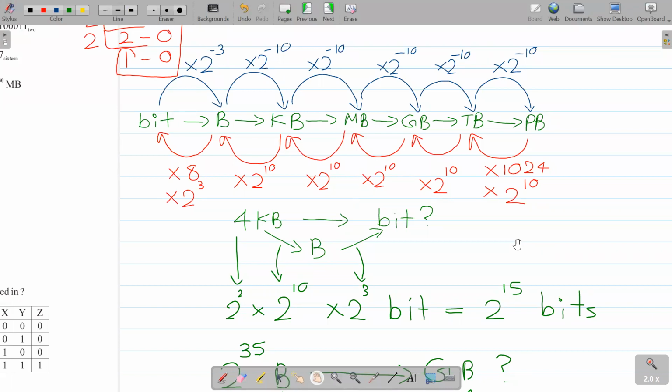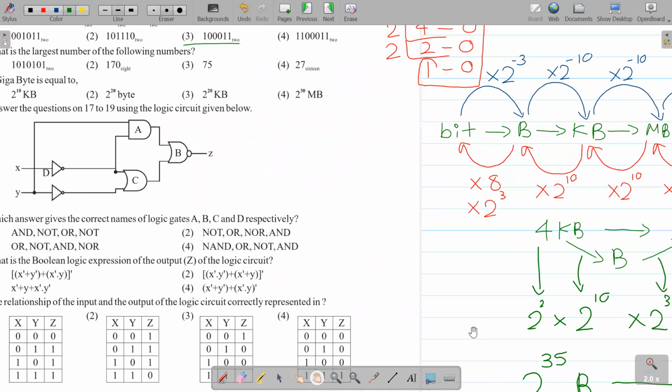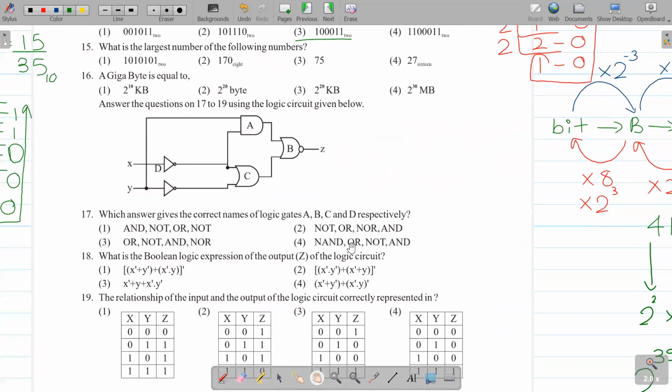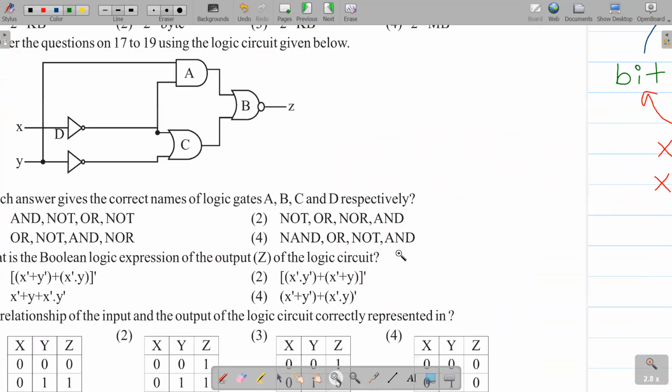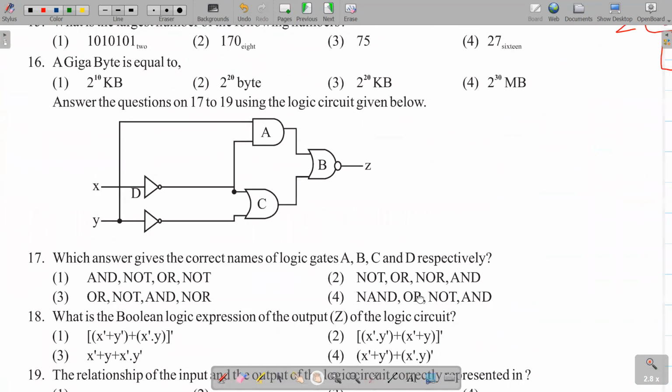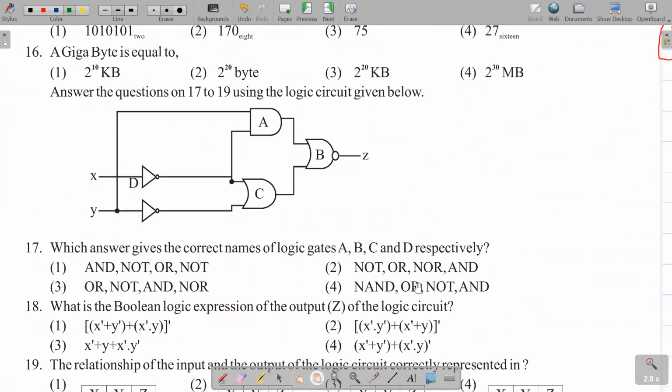Okay. So I am referring to the question. The question is asking a gigabyte equals to, right? So they are talking about 1 gigabyte. The units they have given you are in kilobytes, in bytes, and in megabytes.